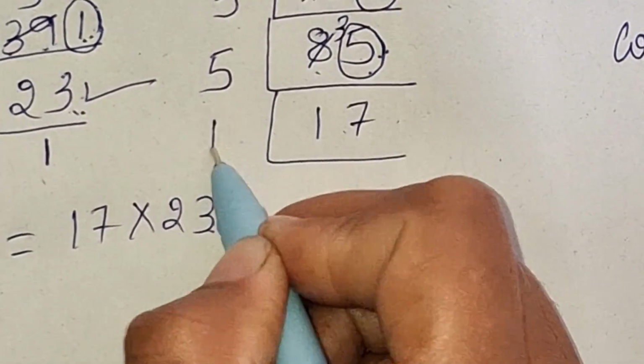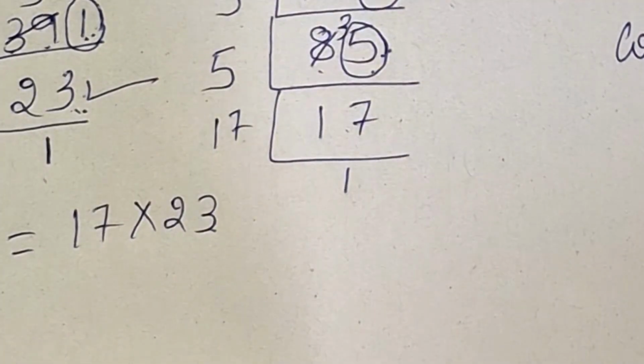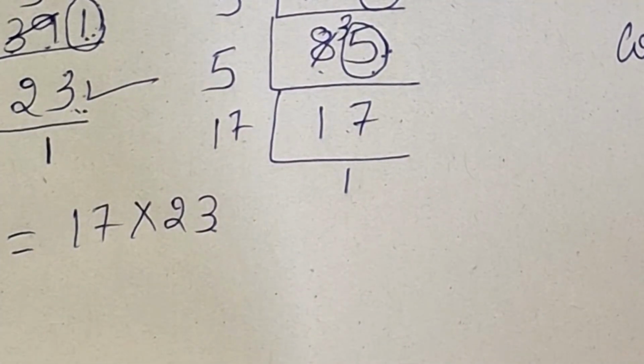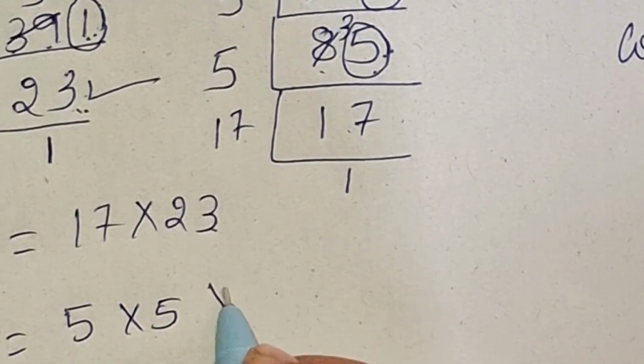Then 17 is a prime number, divisible only by itself and 1. So the prime factors of 425 are 5 into 5 into 17.